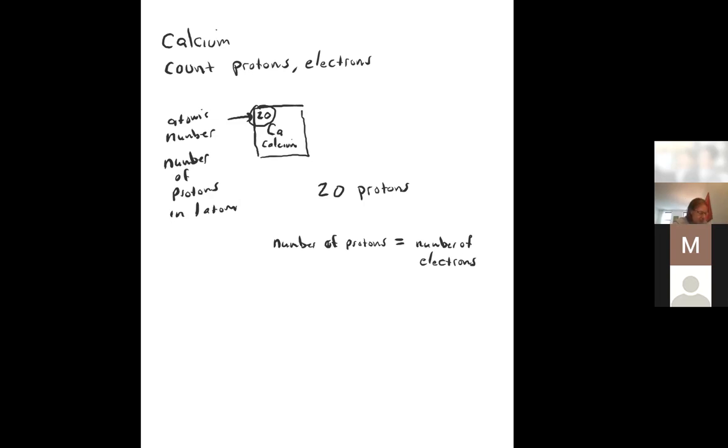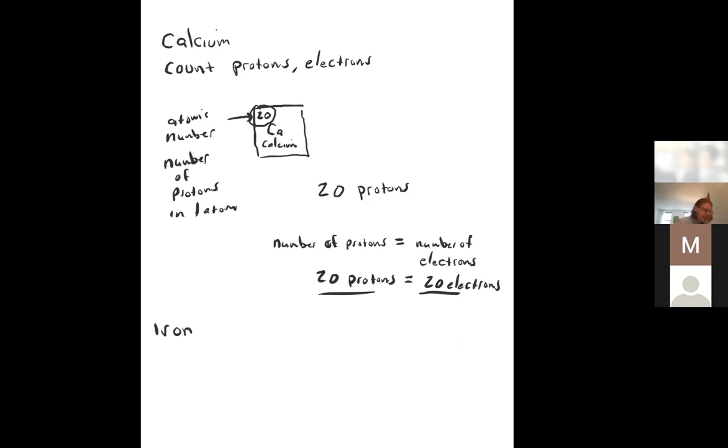And so if we have 20 protons, we also have to have 20 electrons. Perfectly balanced. Okay, so an atom is a balanced object. It's a balanced particle. It has the same number of protons as it has electrons. That's kind of cool. So if we were to do another element, let's say we were going to do iron.